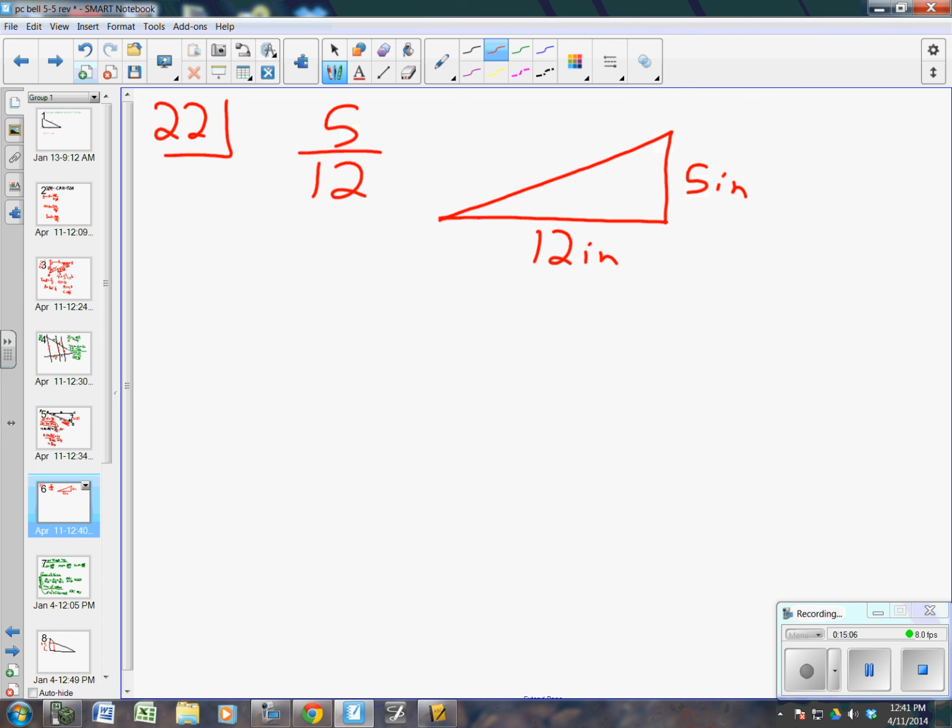By the way, that's a common pitch of a roof in this area. That's what most houses are. When you get up into mountainous areas where it snows a lot, they make them a lot steeper so the snow will slide off a lot easier. But around here, we don't get a lot of snow, but we get rain, so they make a 5/12 pitch. So it still goes off, but doesn't need to go off as fast.